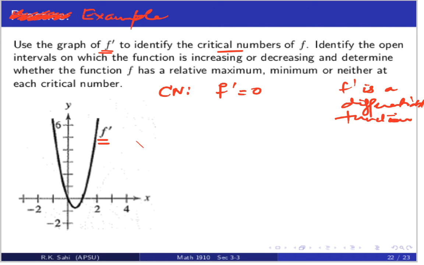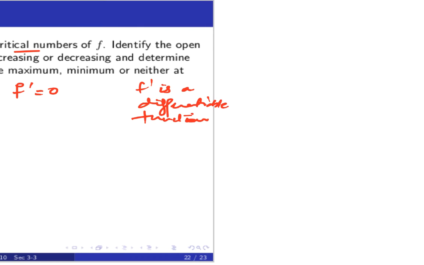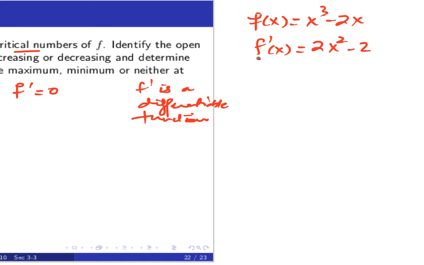Okay, let me just talk a little bit about this, which will help with what I'm saying. Let's look at this one. I have a graph f of x, which is say x cubed minus 2x. So when I take the derivative of this, what is it? 3x squared minus 2. Now this is also a graph, right? f prime.